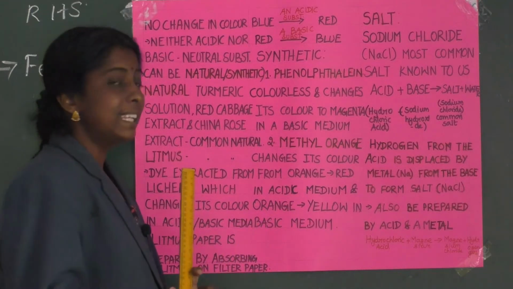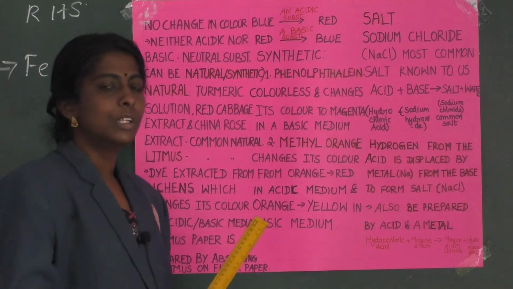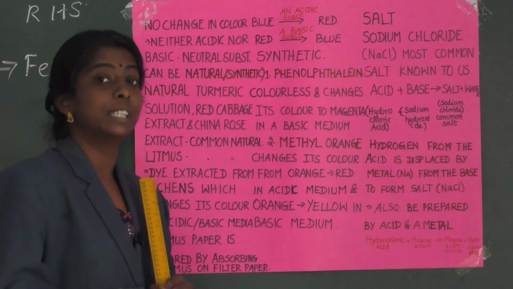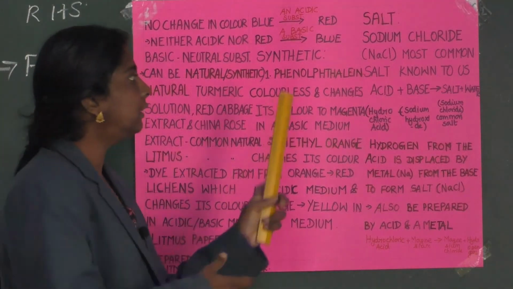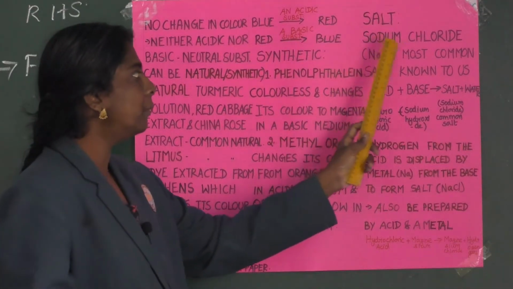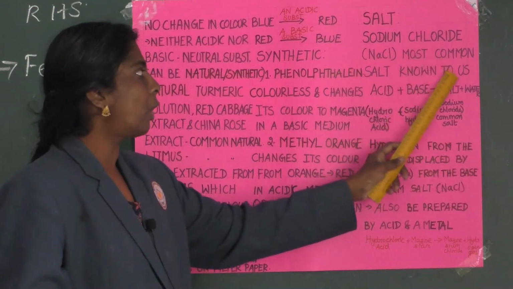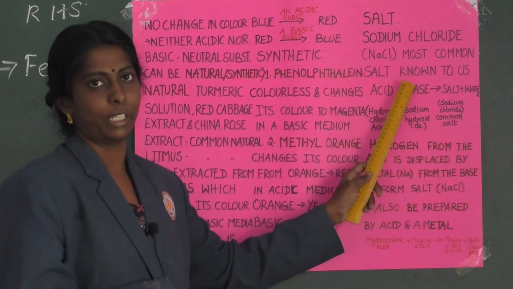Now about the next part of the chapter, that is salt. As we are all aware, the common salt, that is table salt, is sodium chloride, NaCl. The most common salt known to us is sodium chloride.